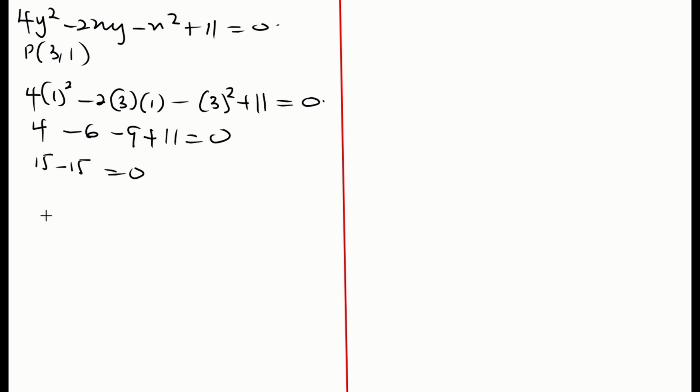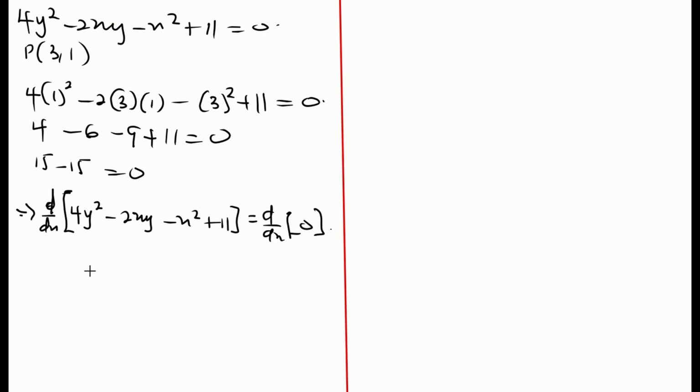So we find the derivative of this, which is d/dx of everything here: 4y squared minus 2xy minus x squared plus 11, which is the same as d/dx of the right hand side as well. Finding that, the first term in terms of y, we are going to get 8y dy/dx implicitly.